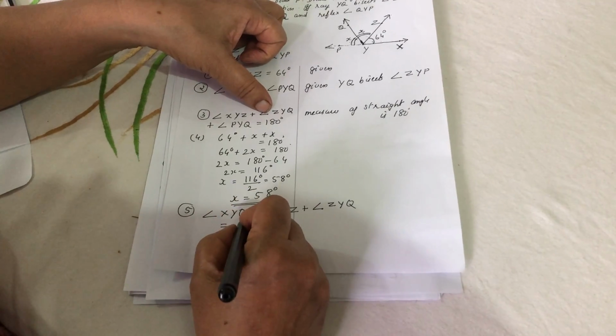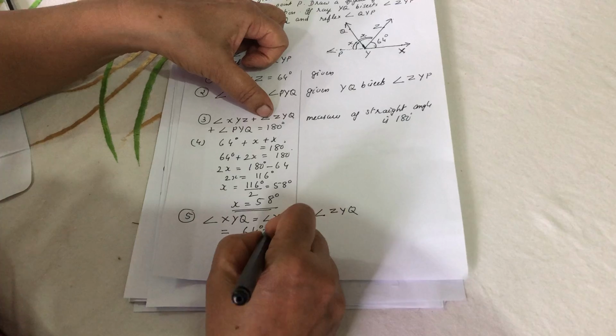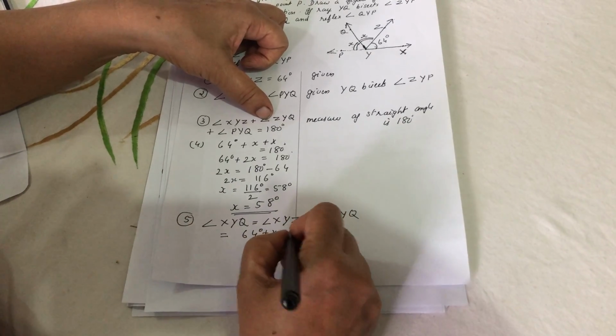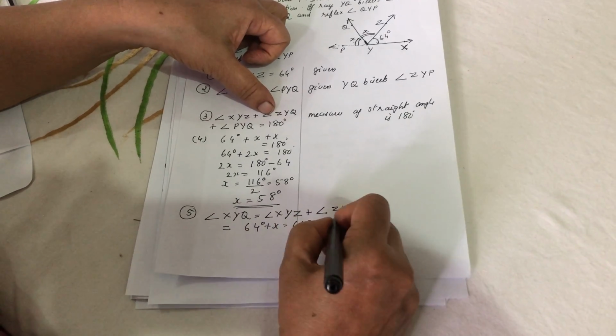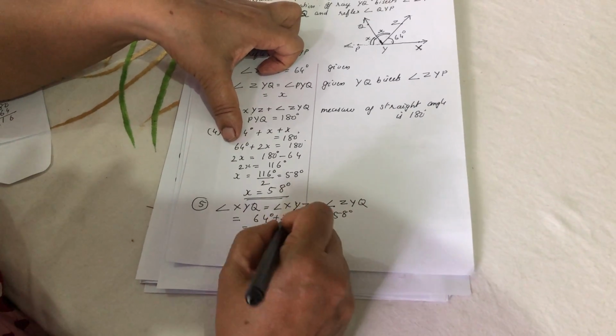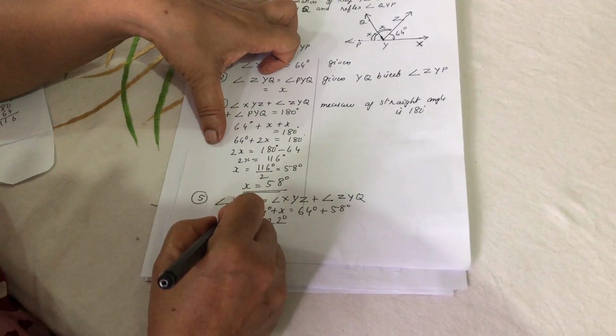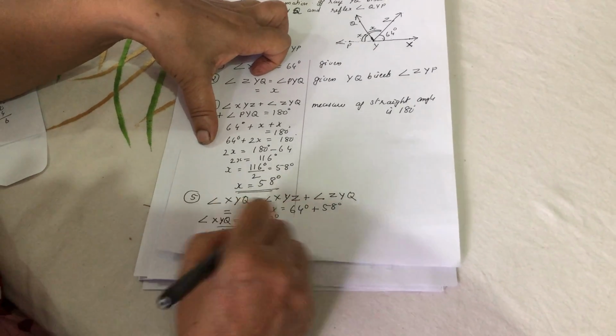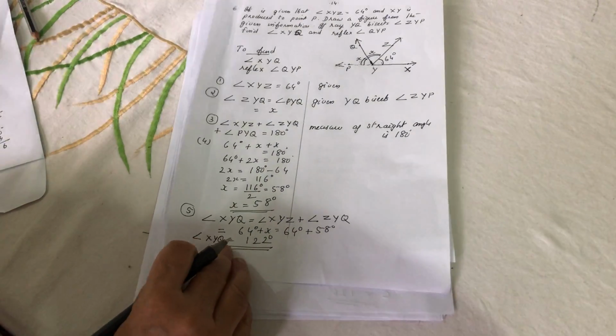That is equal to 64 degrees plus x, that is equal to 64 degrees plus 58 degrees, 122 degrees. So angle XYQ is 122 degrees.